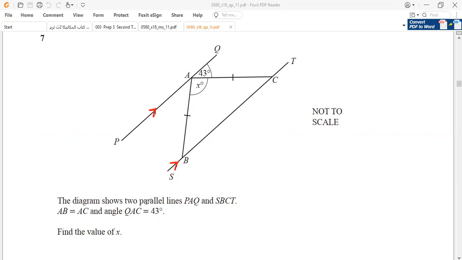We need the value of x here. As we have here, this angle is 43. You can observe that we have a Z letter here. See this angle with this angle. These two angles are equal. They are alternate angles.